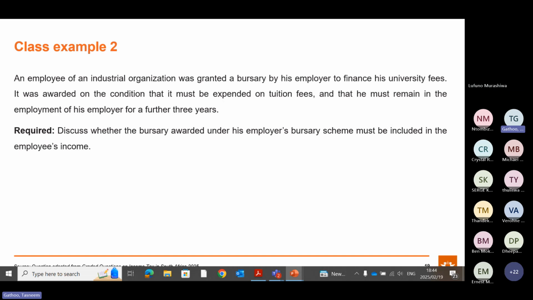Discuss whether the bursary awarded under his employer's bursary scheme must be included in the employee's income. Again, it's important to see what the question is asking. The question is asking whether it's going to be included in his income. What do you think?